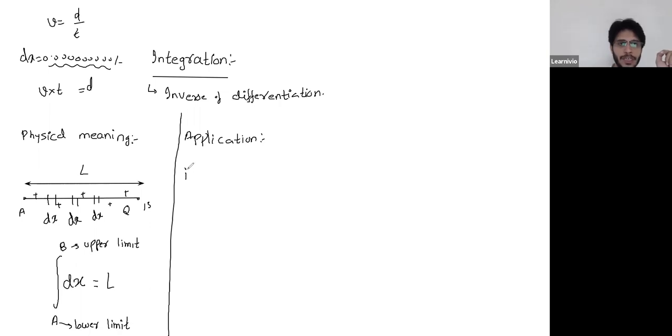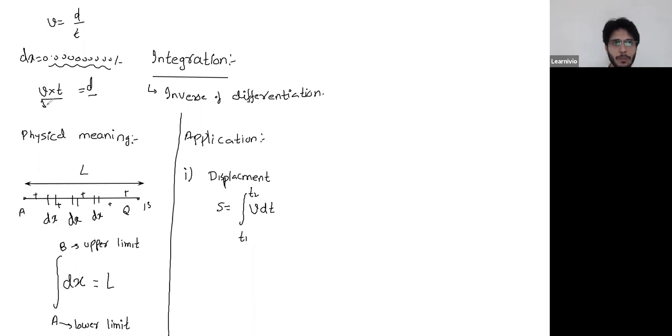So the first application of integration: displacement S is the integral of velocity from some initial time to final time. The way displacement is velocity into time, displacement can be written as the integral of velocity from some lower limit to upper limit.